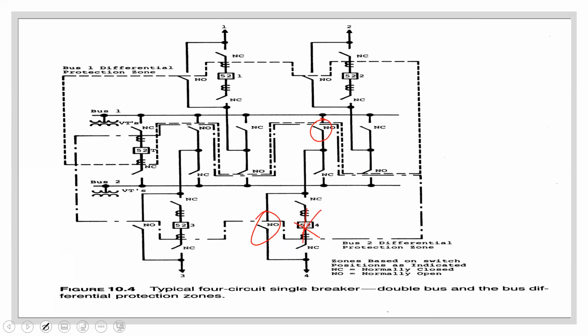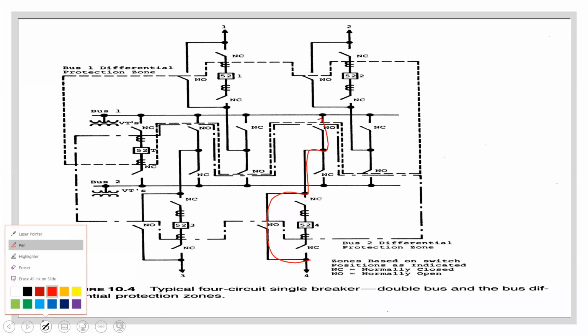But then I would close these in terms of providing protection in the event I have a fault on that. Are you with me? So if I get a fault on 4 while I have done the bypass, because the bypass would have been this up here, that's how I would get power from 4.